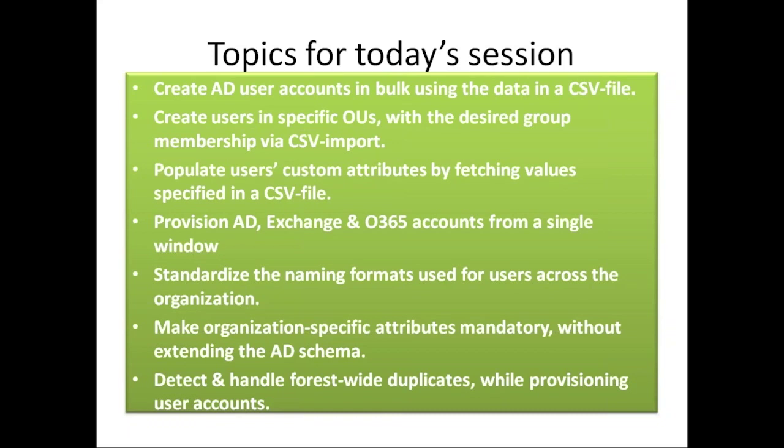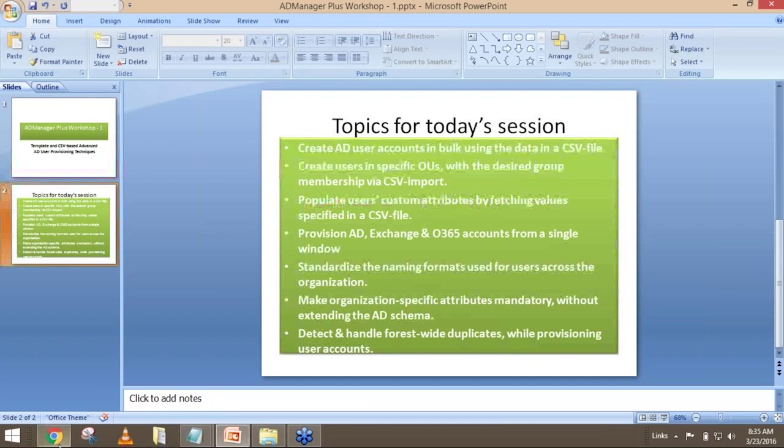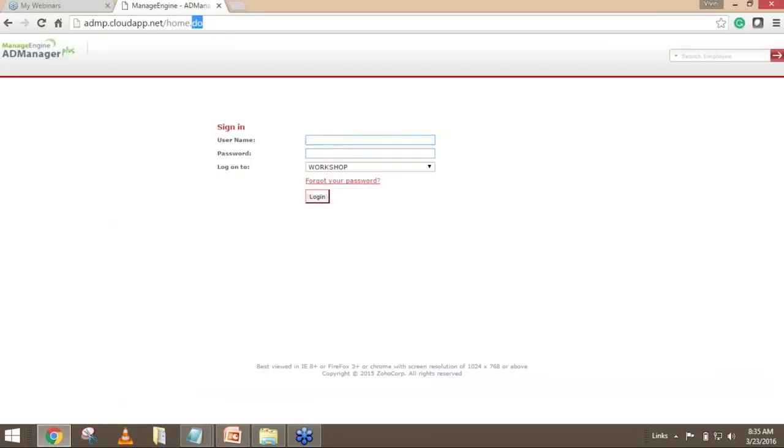Instead of dealing with duplicates in a reactive way, we are going to have a look at dealing with duplicates in a proactive manner. So we'll see how to deal with duplicates in the session as well. So it's all about user provisioning, and it's all about how to effectively create user accounts with minimal effort. All right, so without any further delay, let me dive into today's workshop.